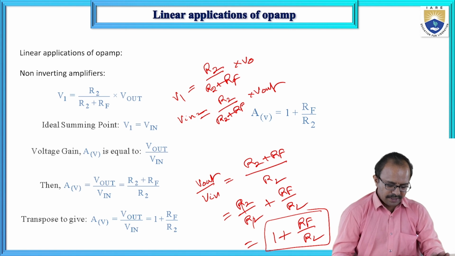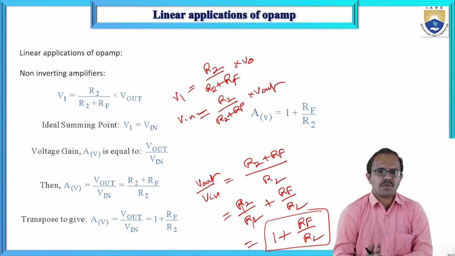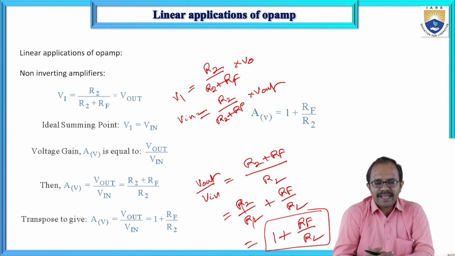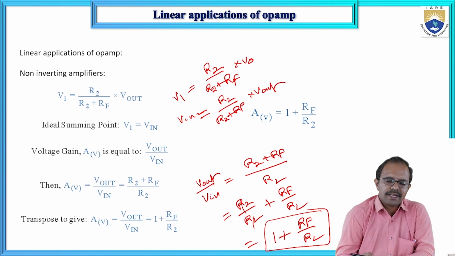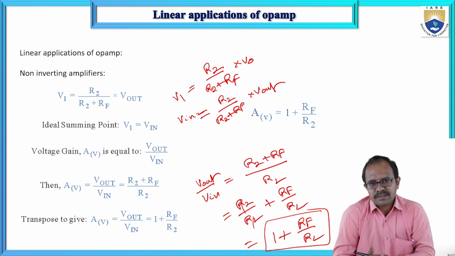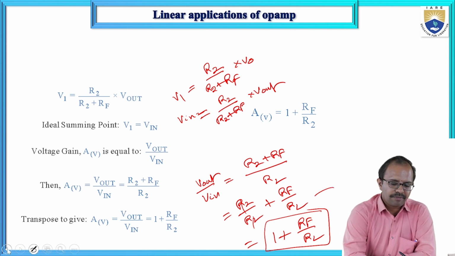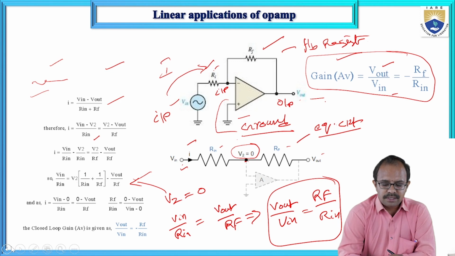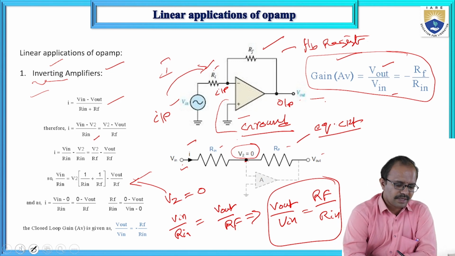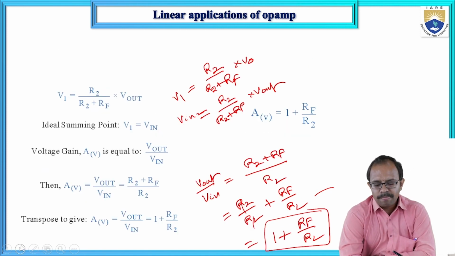You can remember these two expressions; they are quite useful while solving numerical examples. There is the gain of the inverting amplifier, as well as the gain of the non-inverting amplifier. RF by Rin is the gain of the inverting amplifier, and the gain of the non-inverting amplifier is 1 plus RF by R2.